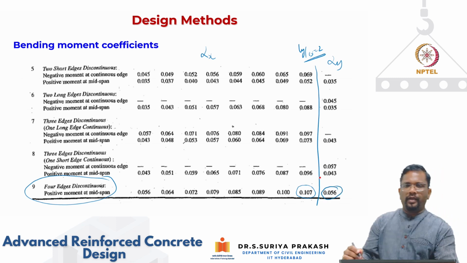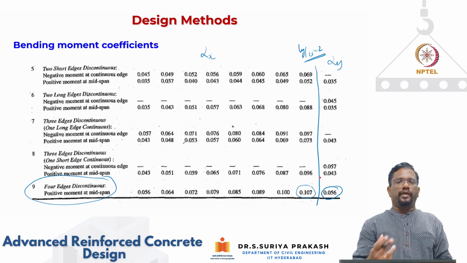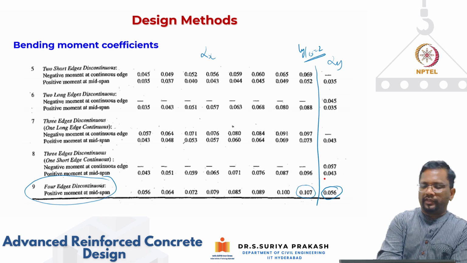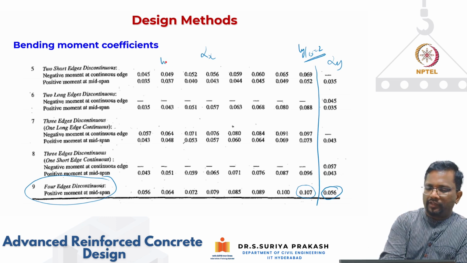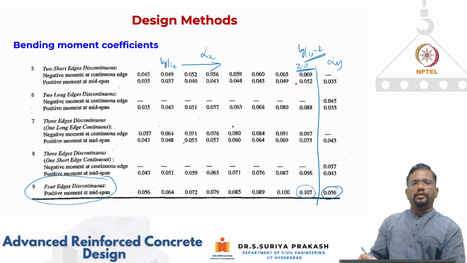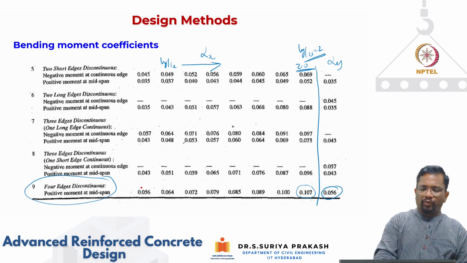Why? Because the edges are discontinuous, I'm not going to develop any negative moment. That is why I'm getting only positive moments. But alpha x is going to change as a function of Ly by Lx. So here Ly by Lx is changing, and this is for a value of 2. So depending upon the aspect ratio of the slab panel, your moment coefficients are given.